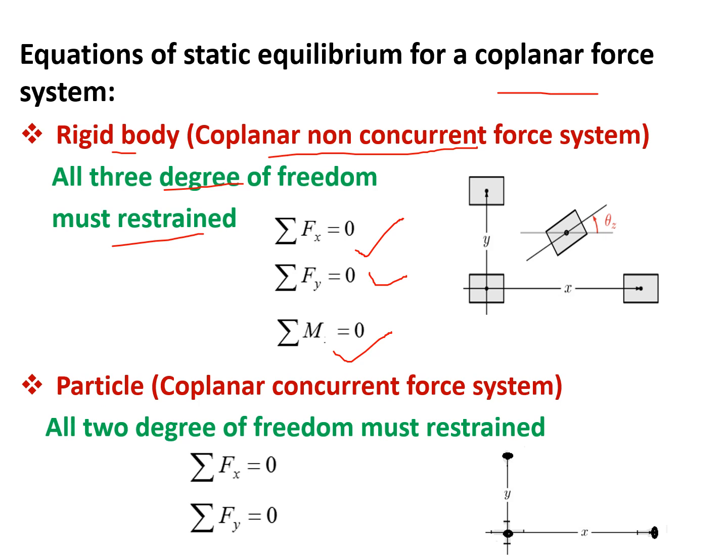If there is a particle, it means that is a coplanar concurrent force system, and it has 2 degrees of freedom. To be in static equilibrium, both degrees of freedom must be restrained. It means the net x direction force is equal to 0 and the net y direction force is equal to 0. Then only that particular particle will be in static equilibrium.